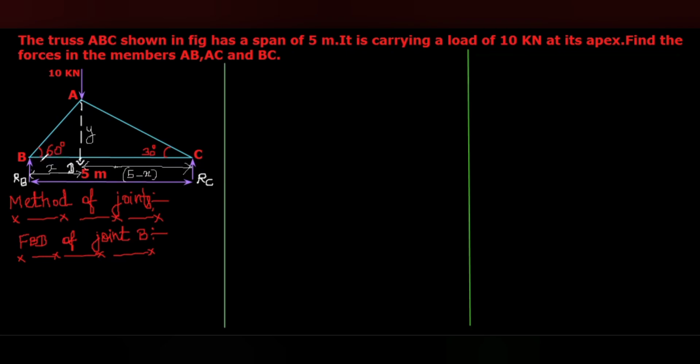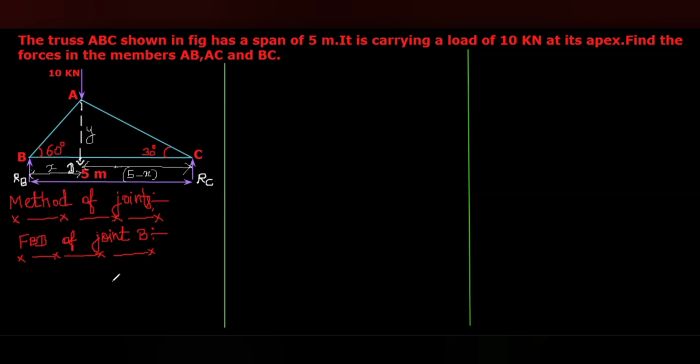Same for the tension in the member BC. It may act outward from the point B, or otherwise, it may act inwards also.